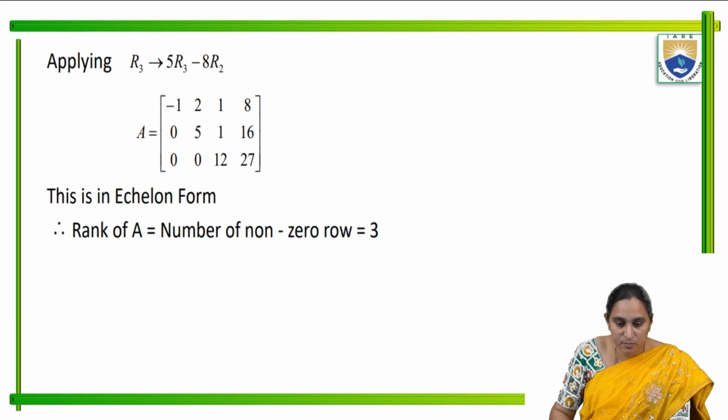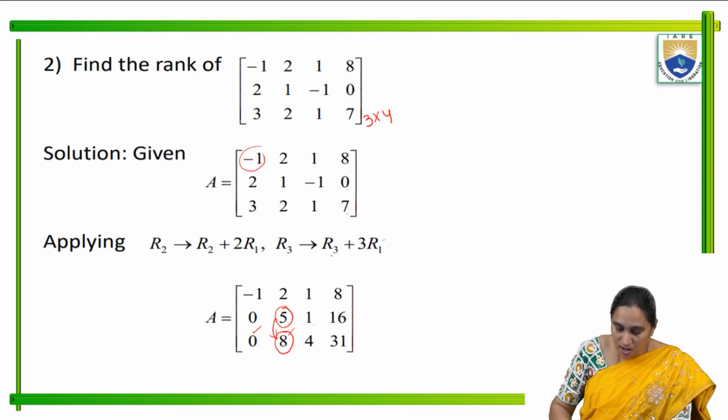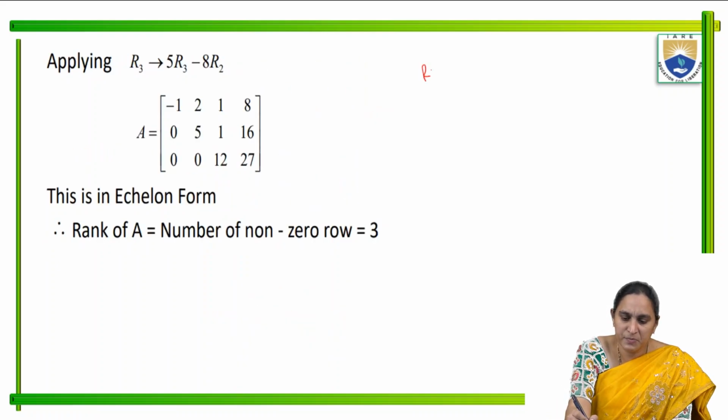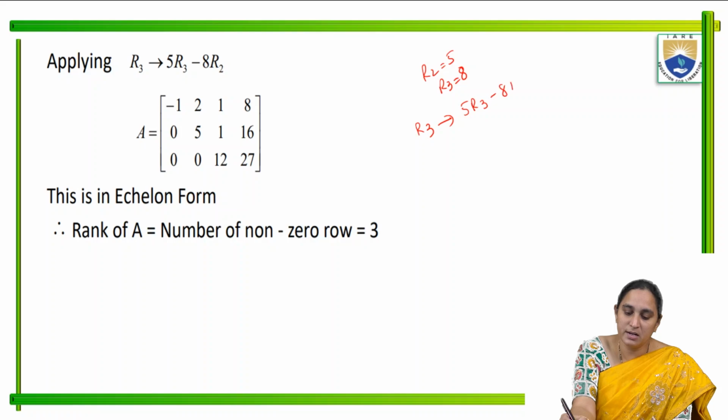For that, what elements are there? R2 second element is 5, R3 second element is 8. According to that, I am using the row operation R3 tends to 5R3 minus 8R2. That is 5 into 8 minus 8 into 5, 40 minus 40, that is 0.